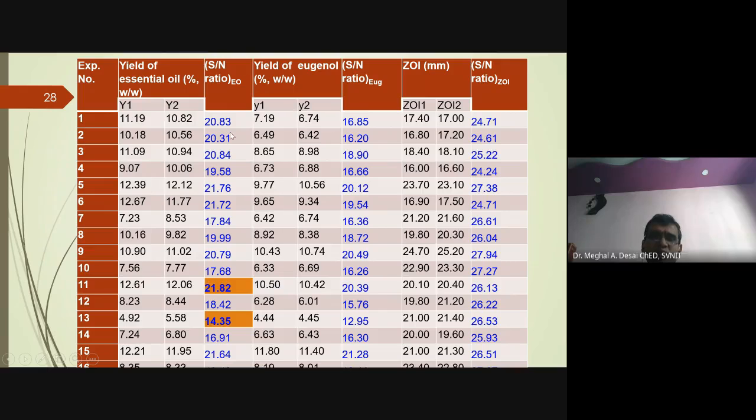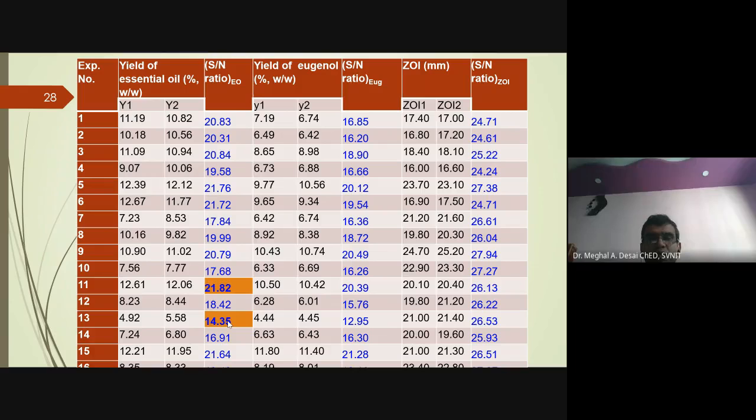Again, we'll focus on essential oil. Since I would like to find the Z value, the normalized value, I need the minimum and maximum value in this experiment. If I go through this, experiment number 11 and 13 show the maximum and minimum value respectively, 21.82 and 14.35.